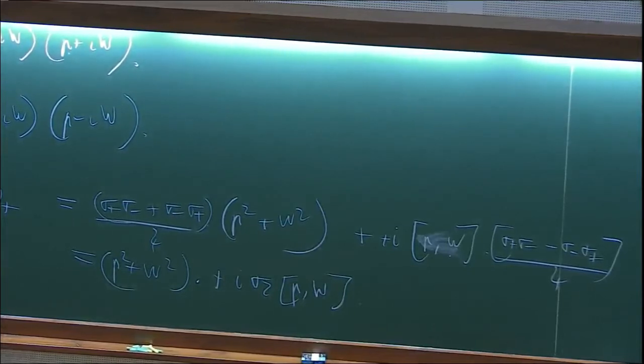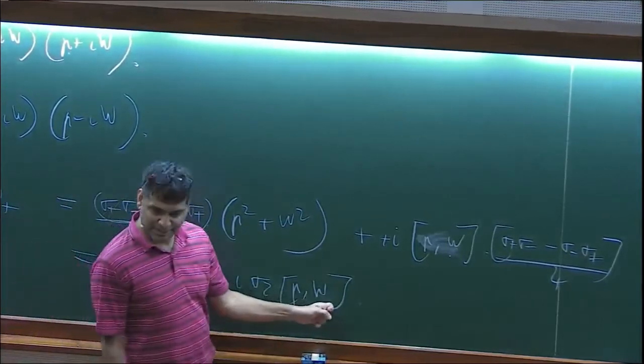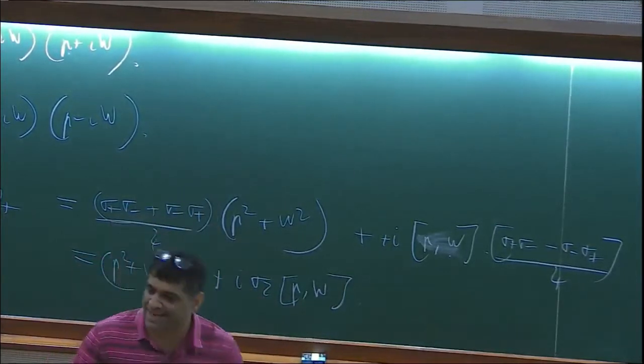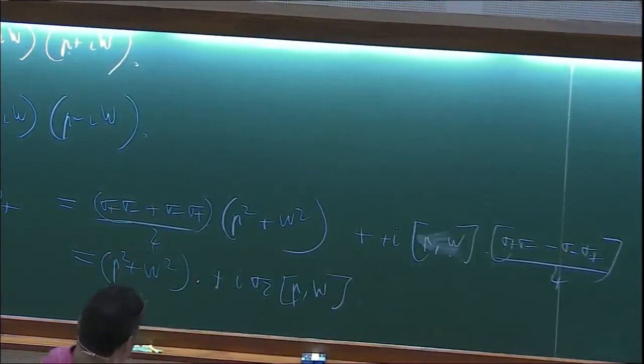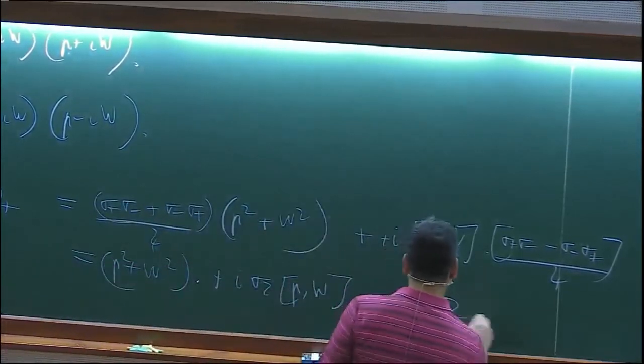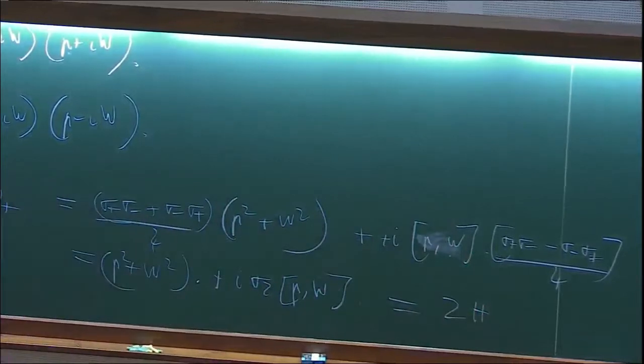Now we use the fact that the commutator of P and W is minus i del by del x of W. The minus i cancels this, and so this is simply equal to 2h, where h was the Hamiltonian we defined before, because W prime was the derivative of W with respect to x. Is this clear?